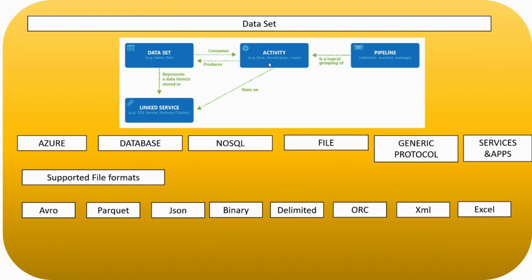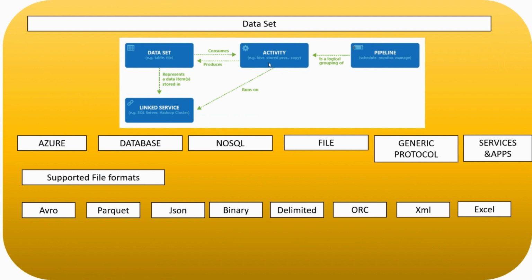To achieve this use case, first I should be connecting to a storage account. Through a linked service, I can do that, right? Once I have a linked service, I can connect to a storage account.